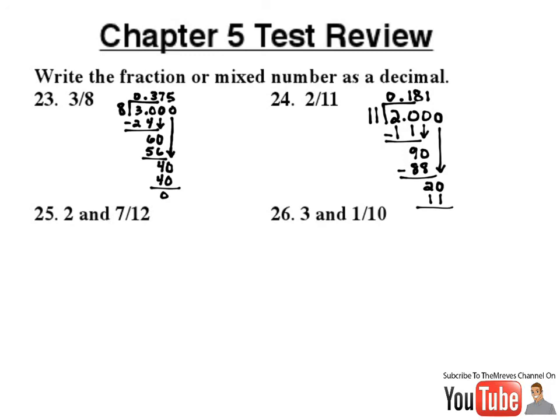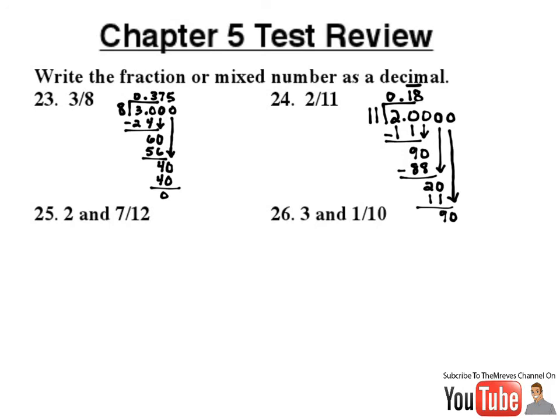It's going to give me 9 again. I add a 0. And you should already be noticing, hey, wait a second, it's going to repeat. And it does, because 11 goes into 90 8 times. So we look at those, and we say the 1 and 8 are going to repeat. Instead of writing it out, we just do the line over it, and we can go ahead and get rid of these extra, and we're done.